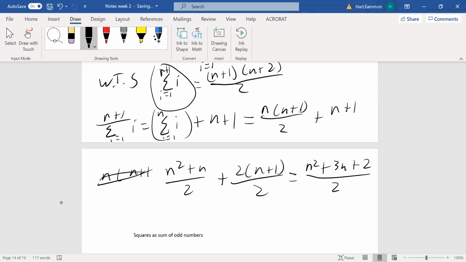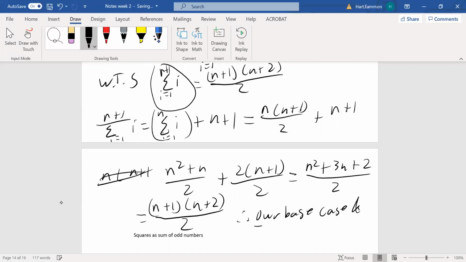And then I can factor this, and that's equal to n plus 1 times n plus 2 all over 2.